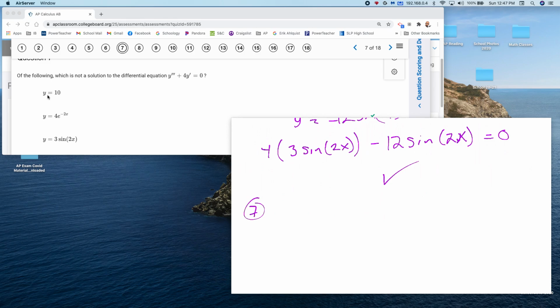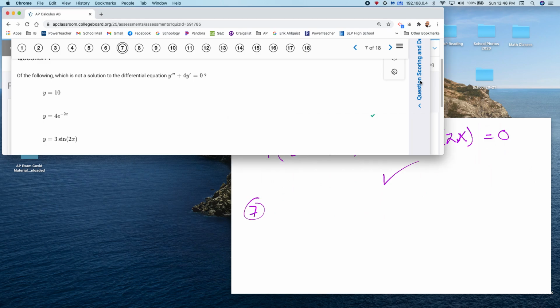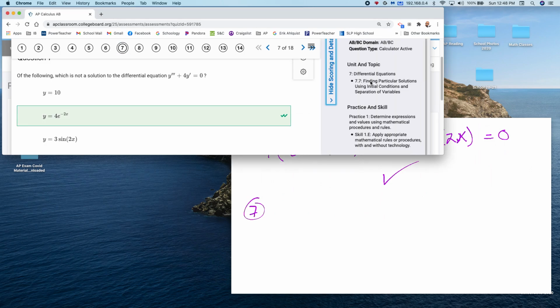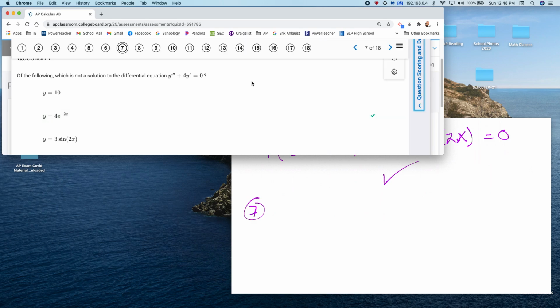So the first one is clearly not true, because y prime is 0, y double prime is 0, y triple prime is 0, so you're not going to get the right thing to work out. Which of the following is not a solution?